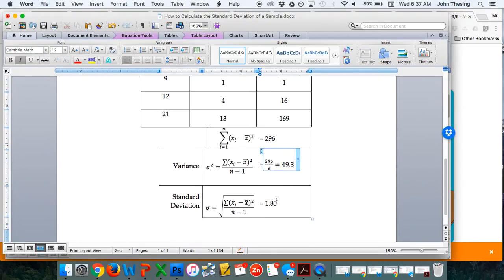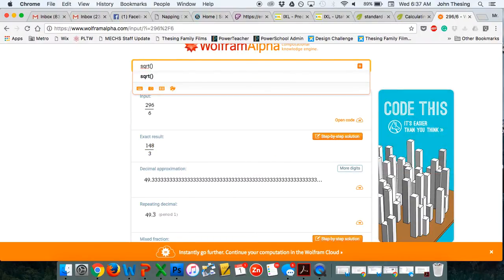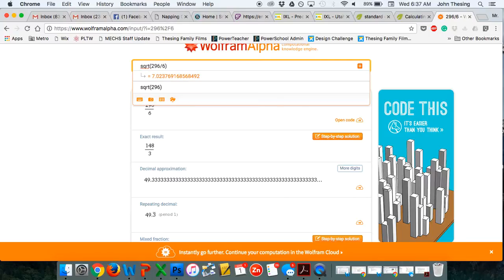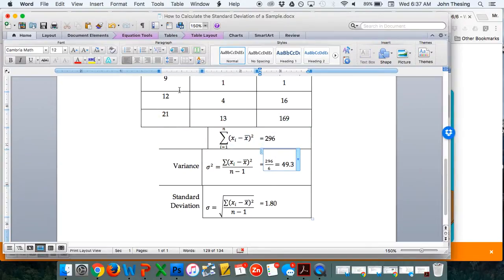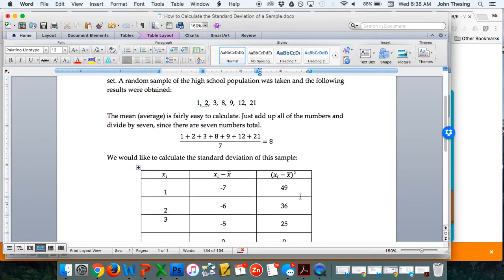That's the variance, and then we just take the square root of that. So 7.02. Okay, so this number here just numerically gives you a feel for how far or how spread out the data is. Okay, and that's how standard deviation works.